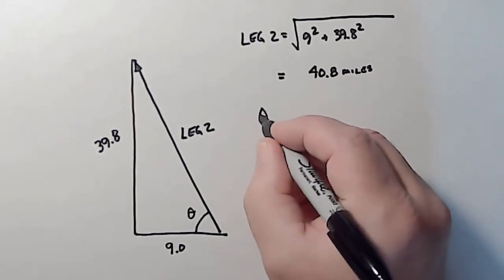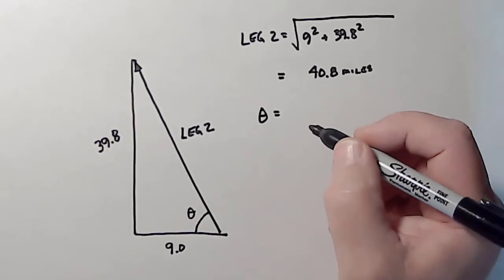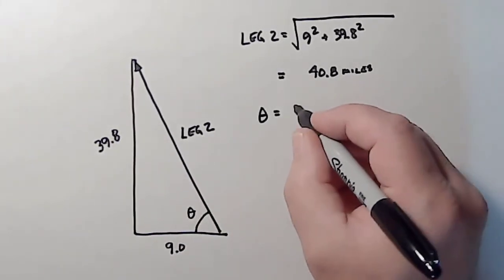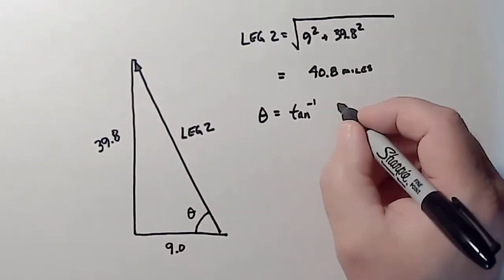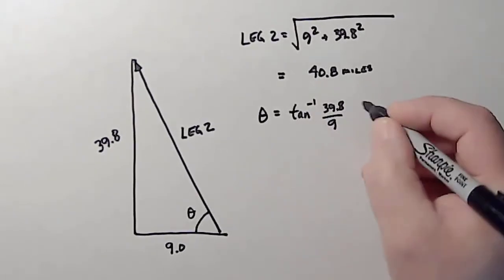And theta is the inverse tangent of 39.8 over 9.